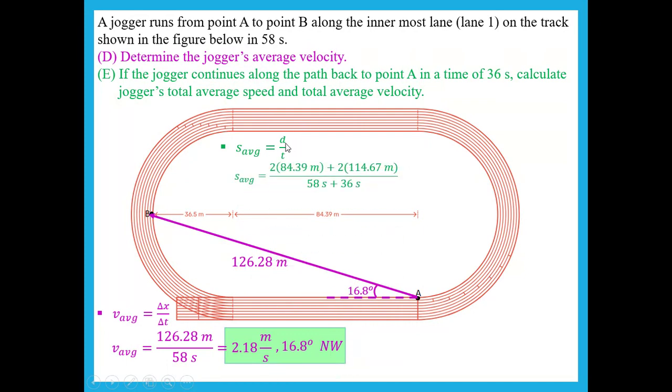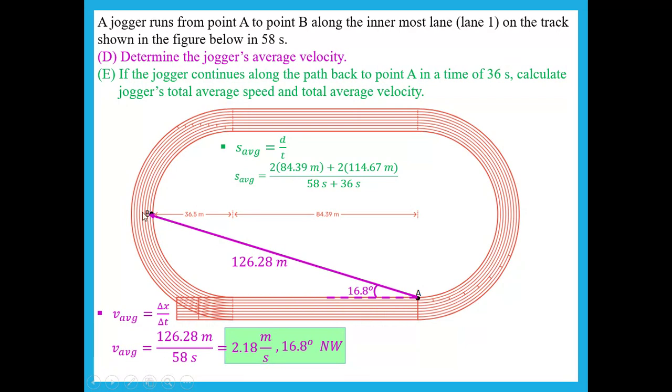Well, we can find total distance pretty straightforwardly, right? You have two straightaways, so there's the two in the front. Each straightaway is given in the diagram as 84.39 meters. And then earlier, I already found the distance for a semicircle. In part A, I spent time doing the semicircle, which turns out to be 114.67 meters.